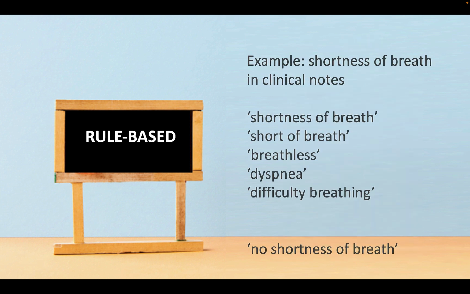For instance, if you were interested in identifying shortness of breath in the clinical notes, you need to look at the term shortness of breath, but also variants: short of breath, breathless, dyspnea, difficulty breathing, and so on. It is also important that you exclude certain things. If somewhere in the notes it says no shortness of breath or no significant shortness of breath, you can exclude that. That is the programming that you have to do in rule-based NLP.